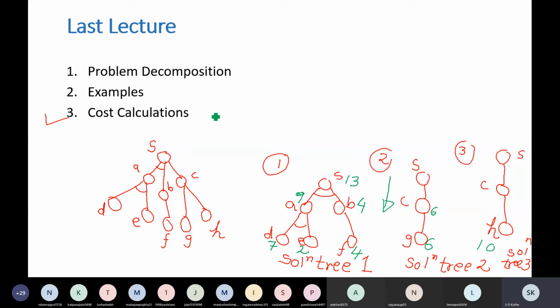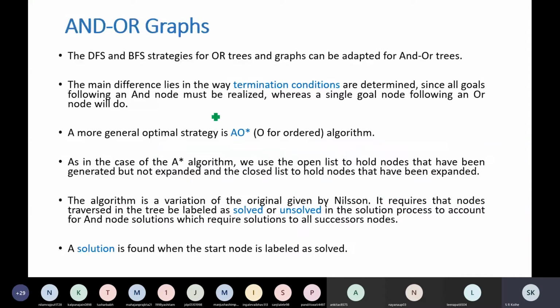So already we have discussed, we have revised this. So we have seen that the algorithms that we have discussed so far work on OR type of graphs. This AO star search and OR graph search will work on AND OR graph type of search space.